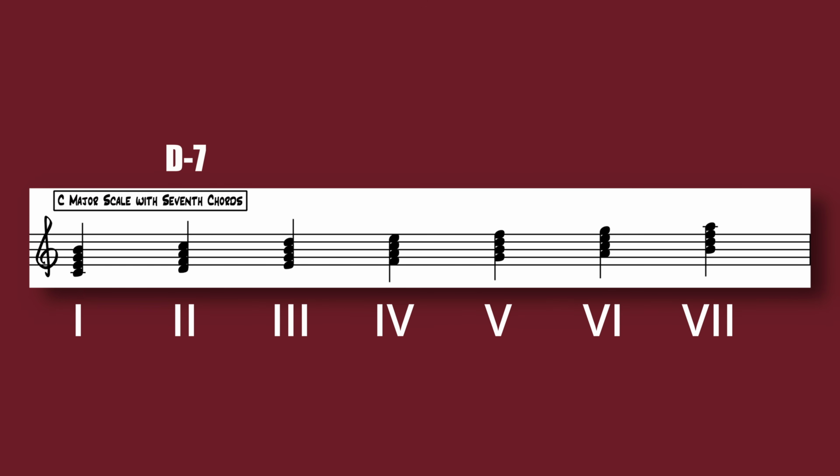In jazz, we find one combination of chords all the time, the 2-5-1 progression. In C major, this means D minor 7 on the 2nd degree, G7 on the 5th degree, and C major 7 on the 1st degree. And luckily, we already know the chord tones to these chords.